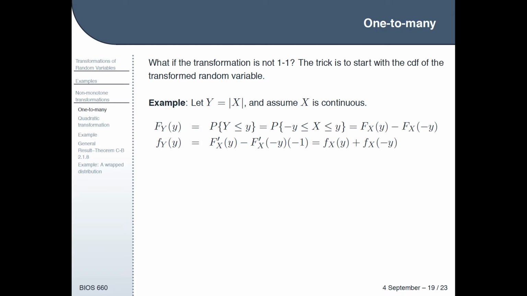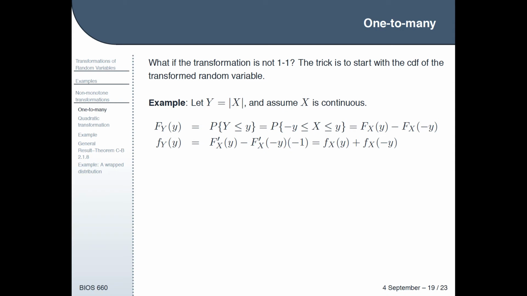By definition, that's the probability that capital Y is less than or equal to little y. Well, Y is equal to the absolute value of x. So that's the probability that x is between minus y and y. Well, we know how to calculate that, at least in terms of the CDF of the original x. That's just going to be F sub x of y minus F sub x of minus y.